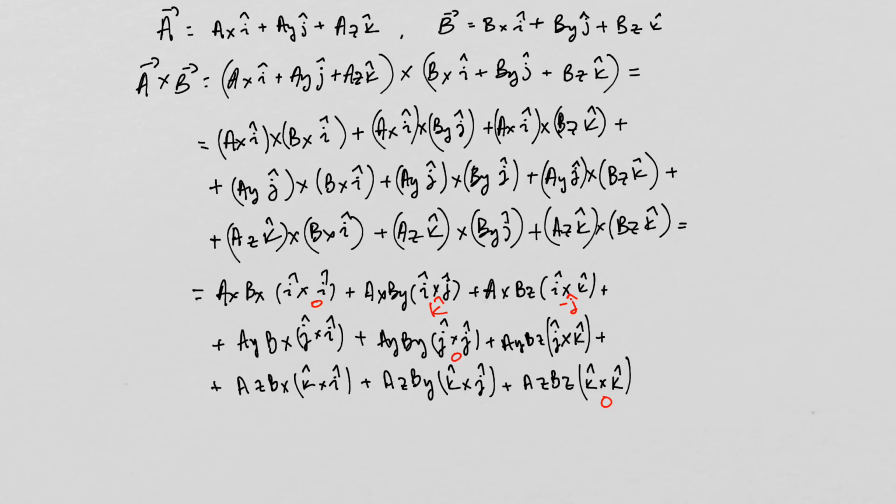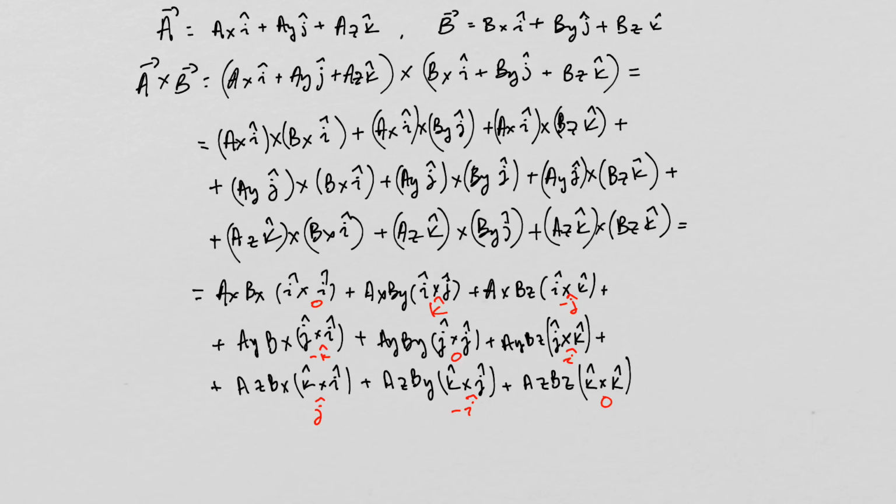Next is j hat cross i hat. This will be equal to minus k hat. Next is j hat cross k hat. This is i hat. Next is k hat cross i hat. This will be equal to j hat. And then last we have k hat cross j hat. It should be minus i hat.